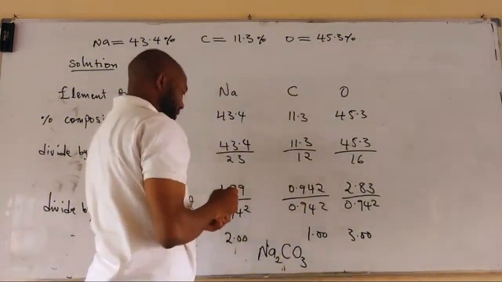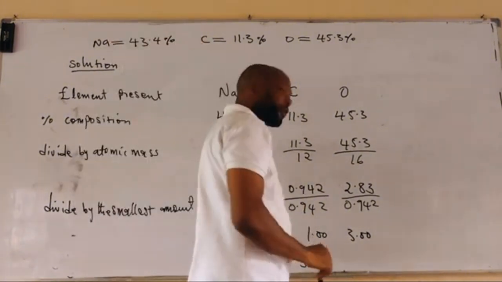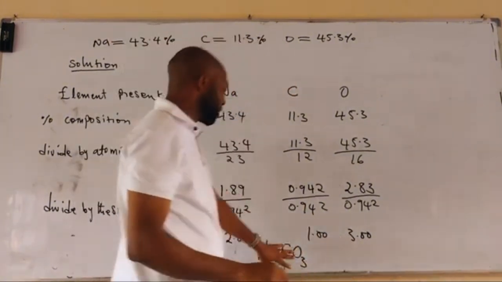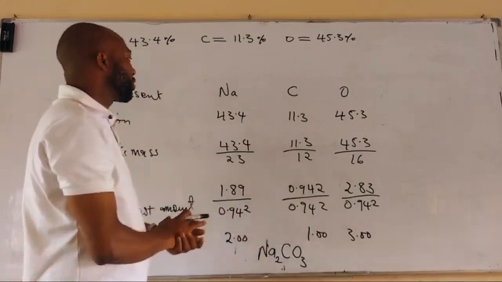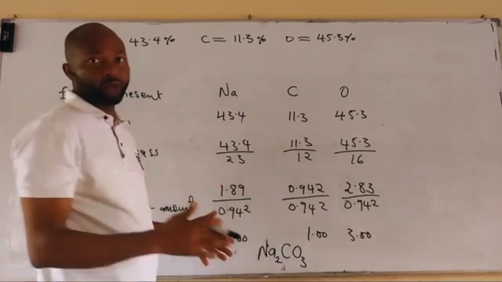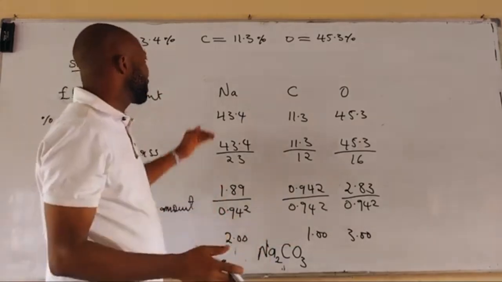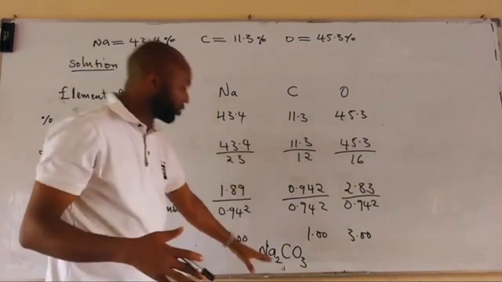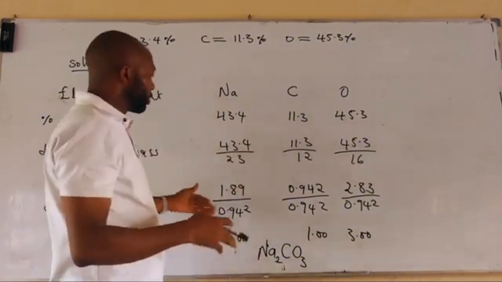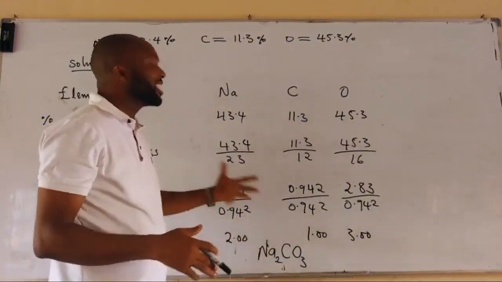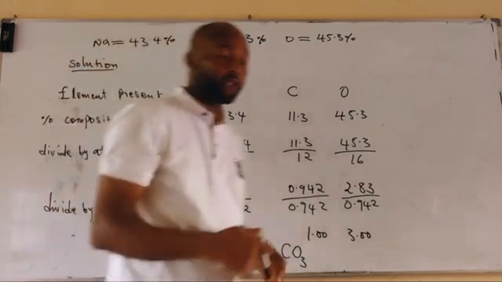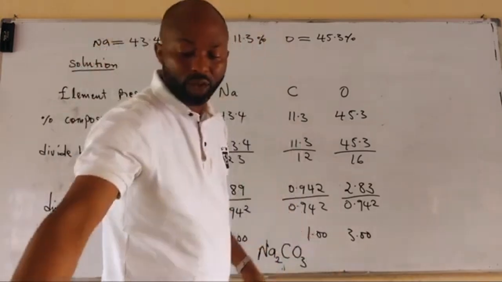So this is sodium trioxocarbonate(IV), Na2CO3. This is what it is. We are looking for our empirical formula, so these are the steps we're going to take. Because of space, I'm compressing it so that we'll have reasonable space down. This is what we have, and this trend we continue to solve other questions. So let's see what we get in the next question.